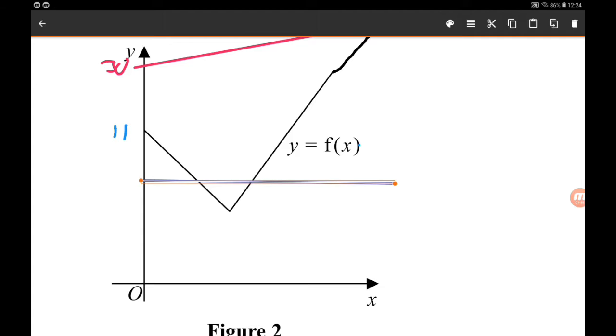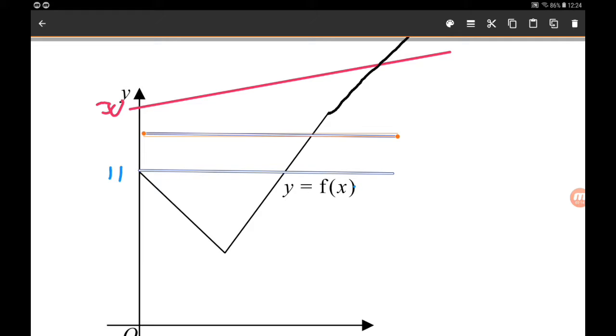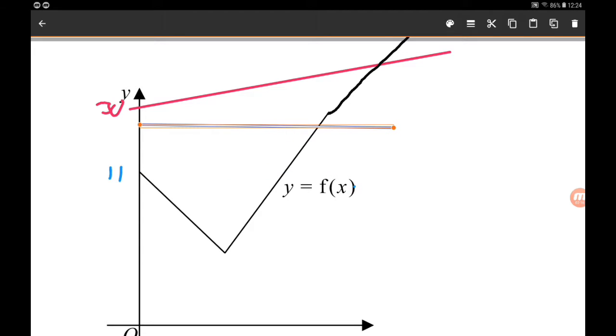So here, this value of k would be cool. And it would be alright anywhere above 5, all the way up to that point there. Now that point is where k is equal to 11. If it goes anywhere above, there would now only be one point of intersection.